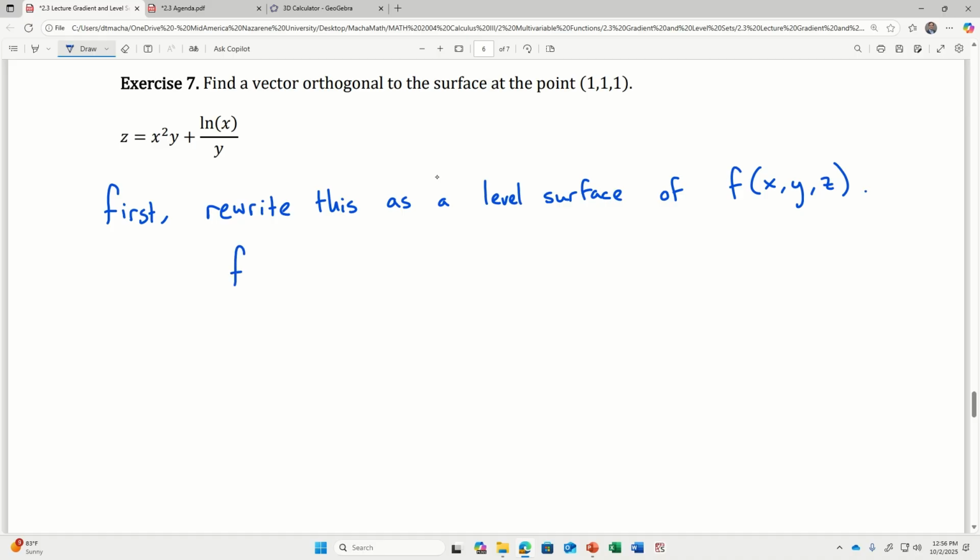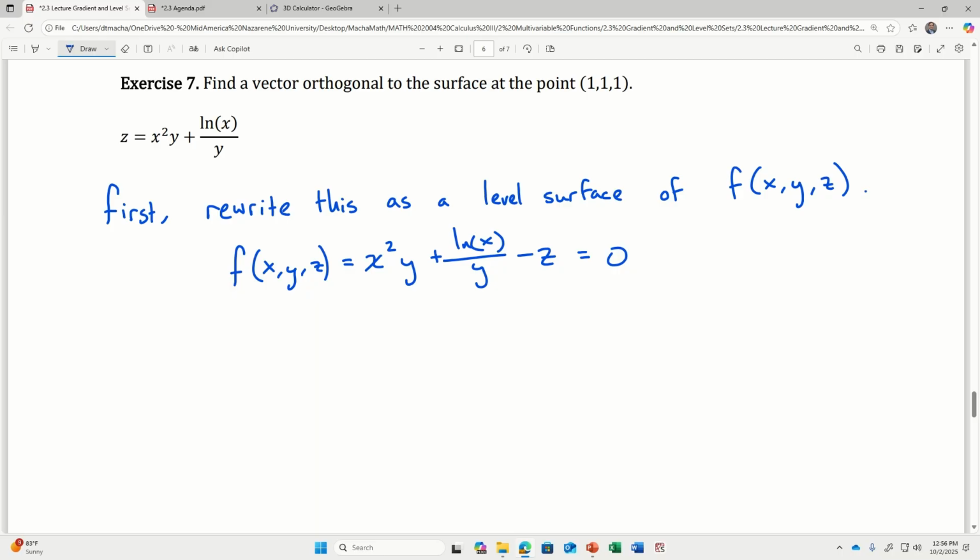What I mean by that is, if I were to define the 3-variable function x squared y plus natural log of x over y minus z, then this is a level surface where the function is equal to 0.